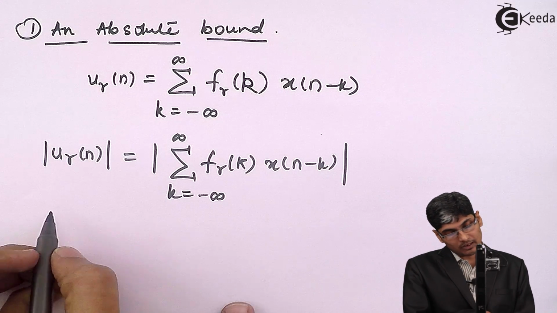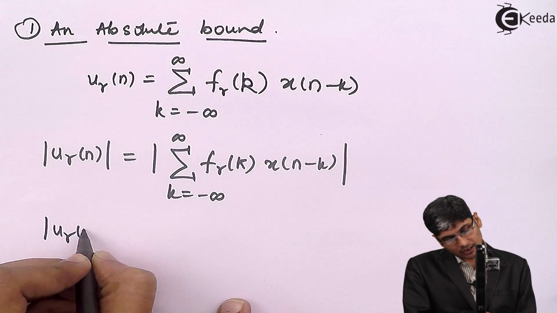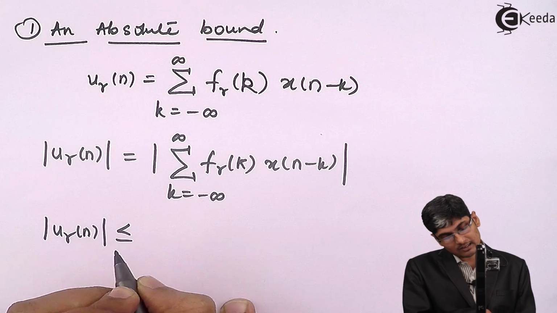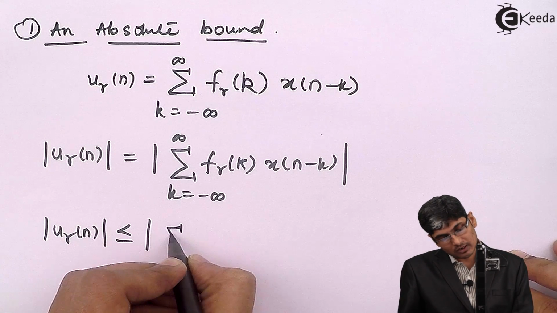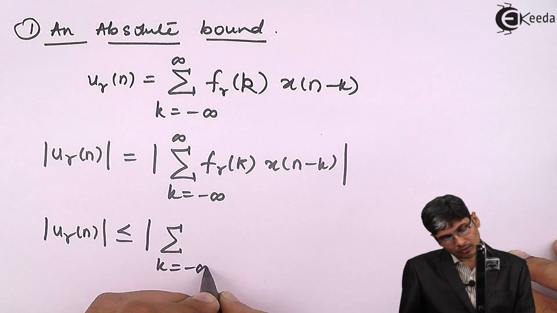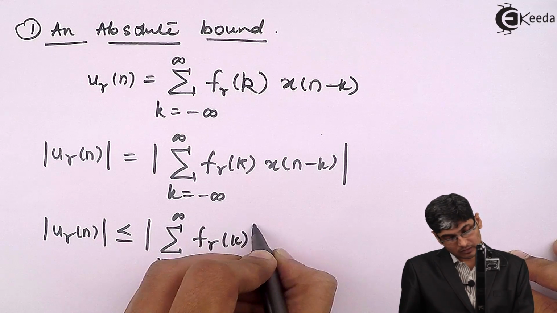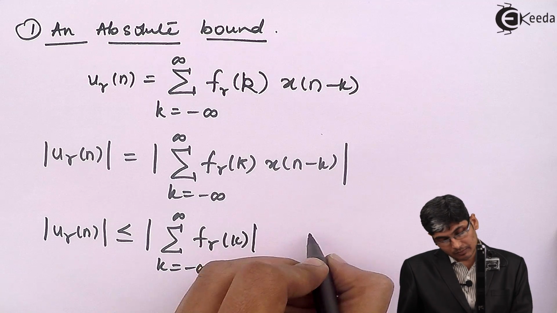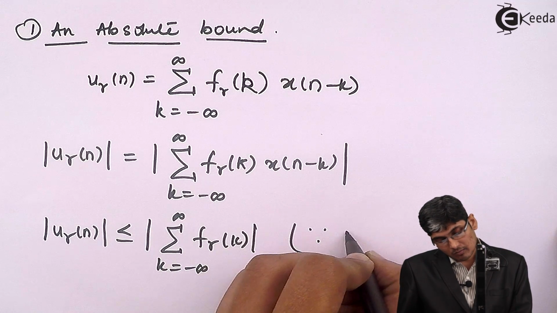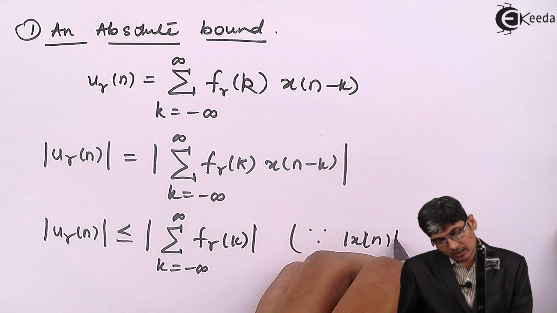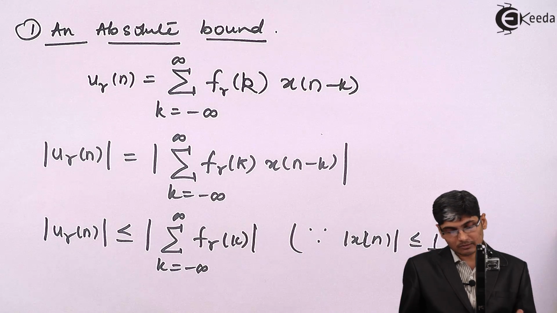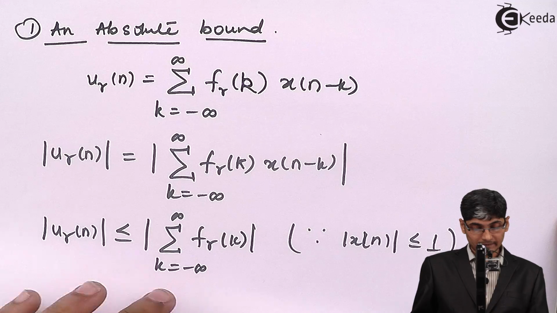That's why the modulus of u_r[n] can be written as less than or equal to the modulus of the summation over k from minus infinity to plus infinity of f_r[k]. Since the modulus of x[n] is less than or equal to 1, the input is bounded.